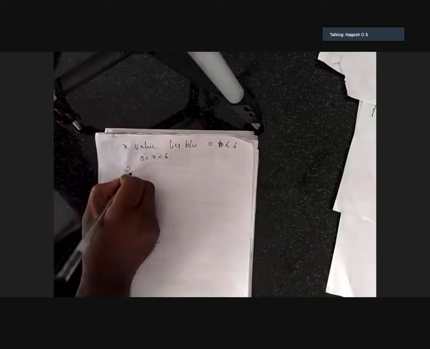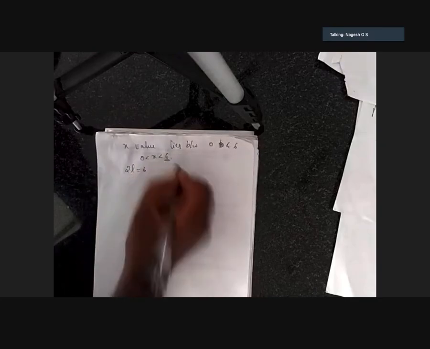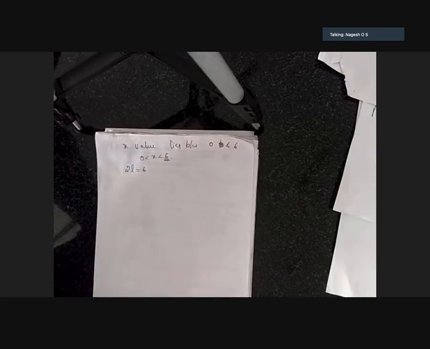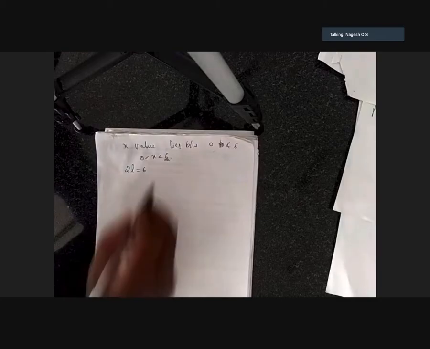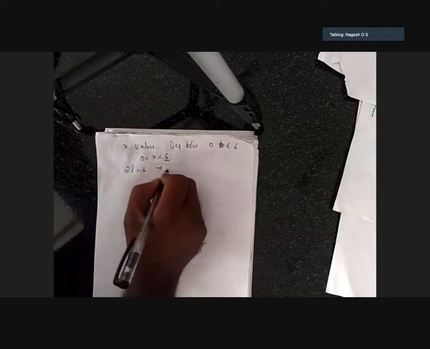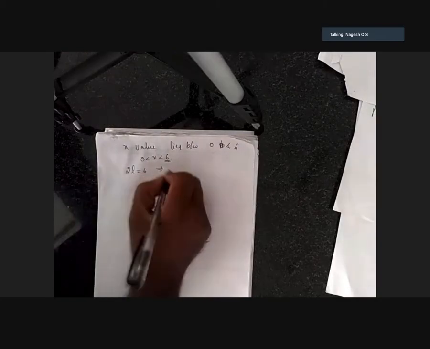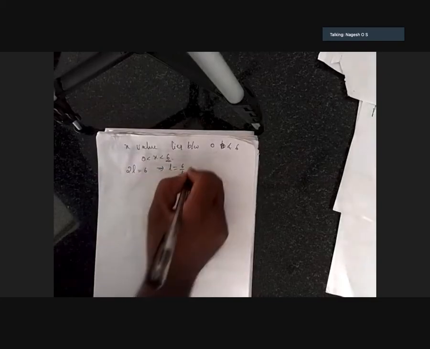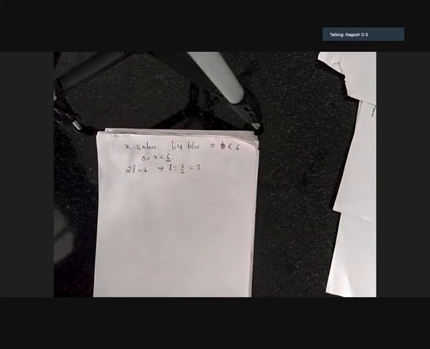So 2L is 6. This value is 2L, 0 to 2L. What is the L value? 6 by 2, that is 3. That's why I'm taking 6. Okay. L value is 3.